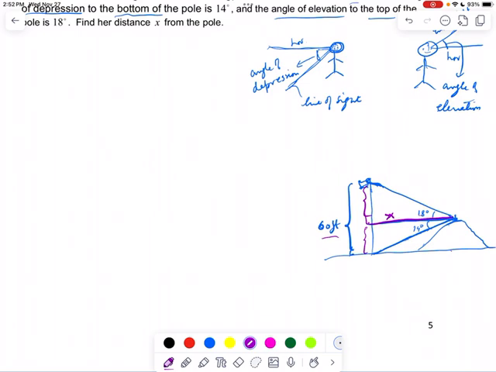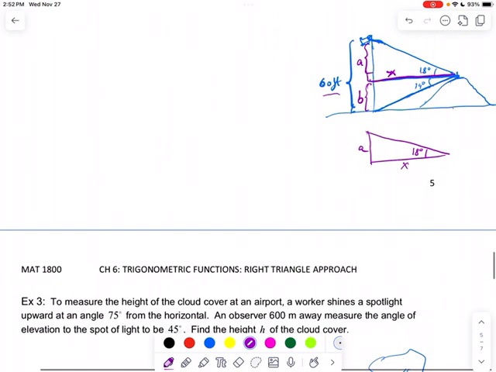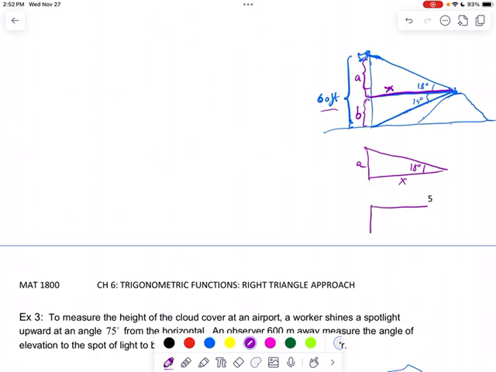So what you can do is give them names, let's say A and B. Then we have the two triangles. Hope you can see those two triangles. The one is like that, and this is 18 degrees, this is x, and this is A. The other triangle has 14 degrees, this is x, and this side is B. So we know that A plus B is 60, right?